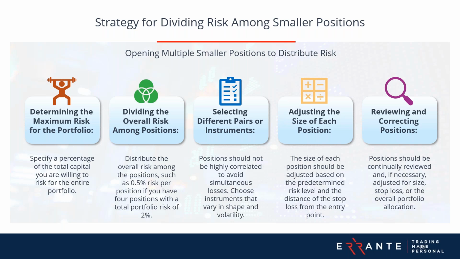This means that while one position might close at a nearer profit target, another might remain open to capitalize on further market movements. For instance, you might set the first take profit level at a nearby resistance level and a second, more ambitious target further away. This approach allows us to lock in profits incrementally and manage our exposure to market volatility more effectively.